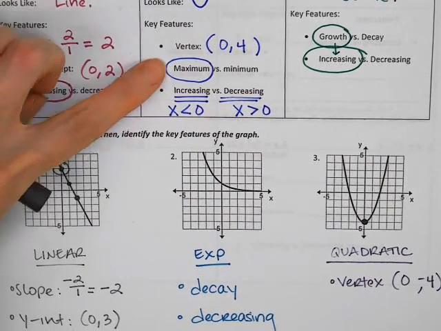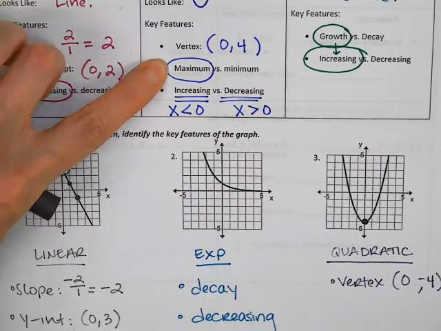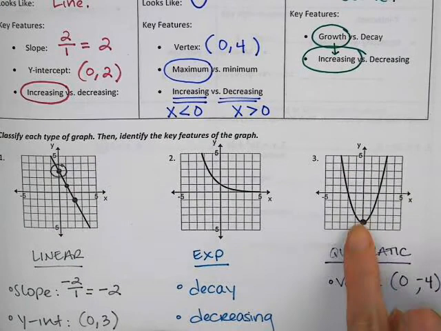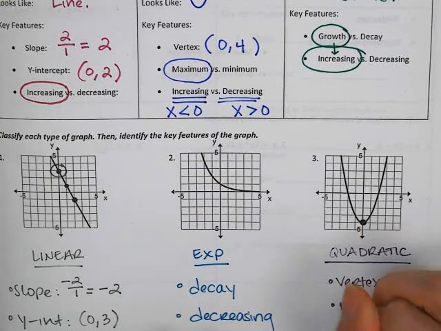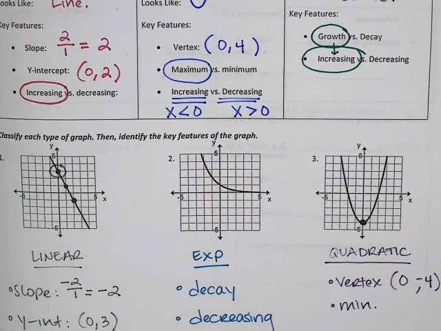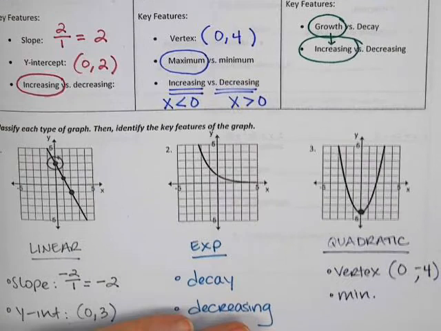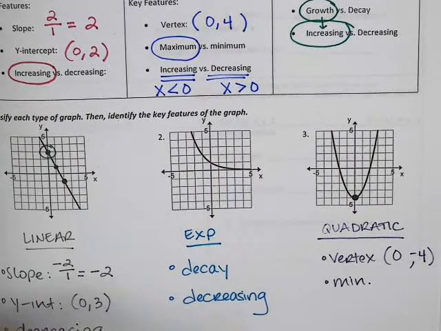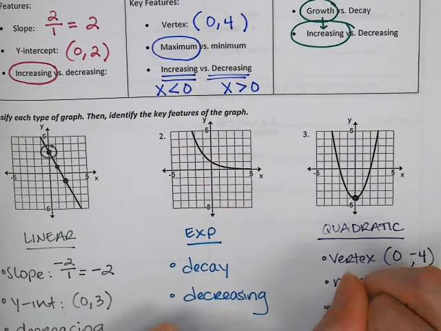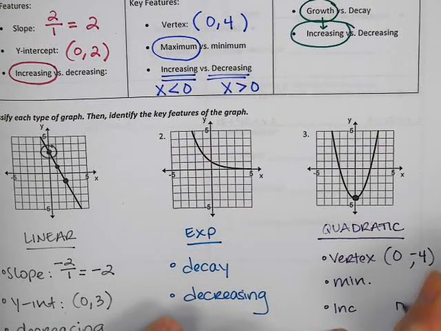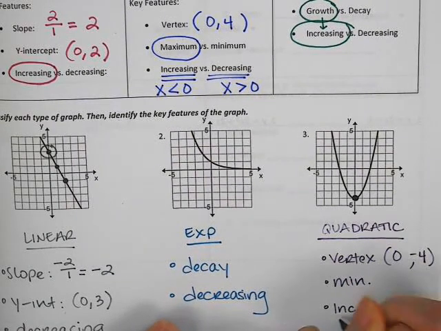And then you need to tell me, is the vertex a max or a min? And well, it's at the bottom of the graph, so that would be a min. And then you have to tell me the intervals where it is increasing, and then also the intervals where it is decreasing.